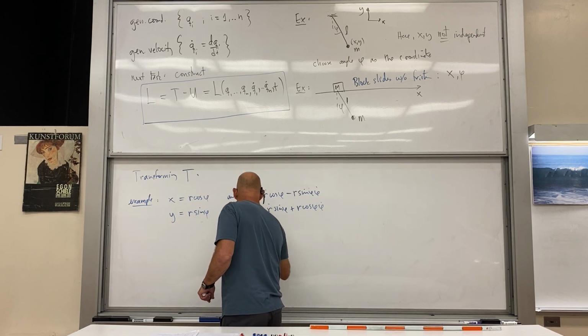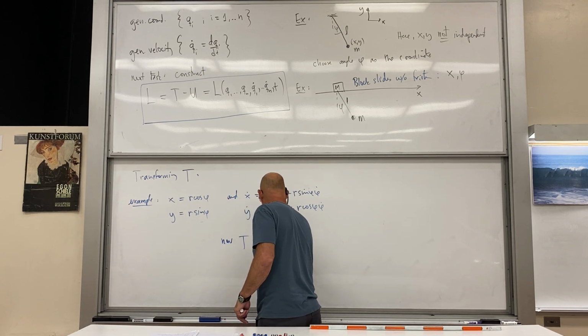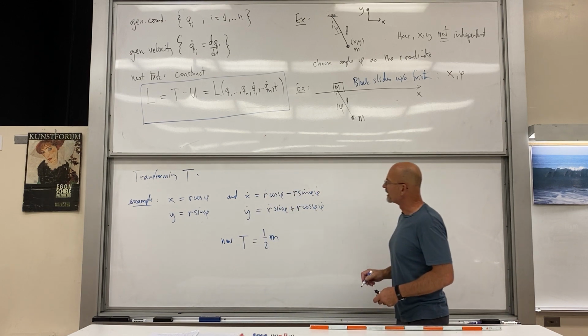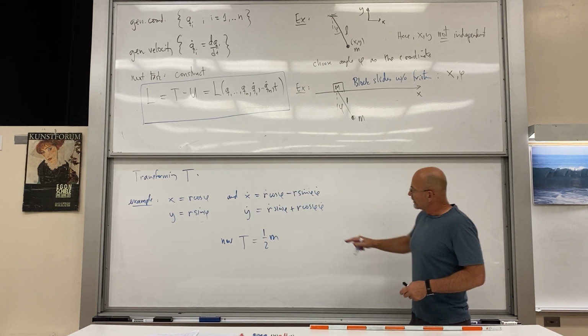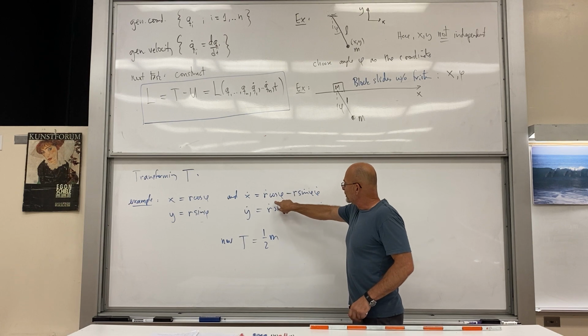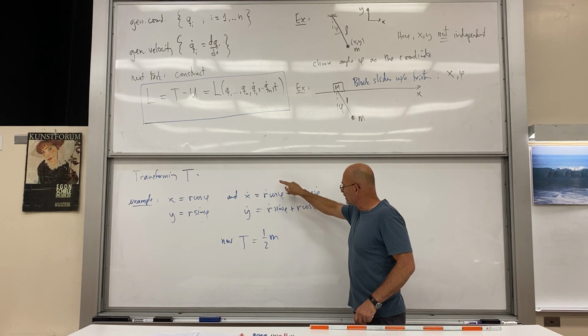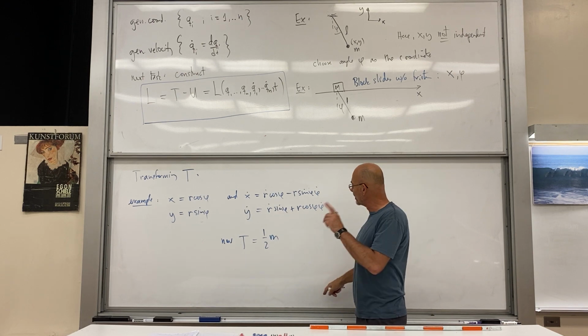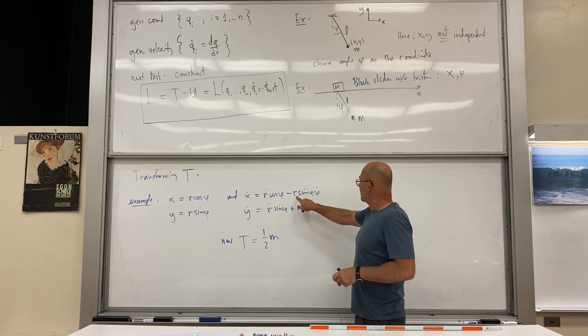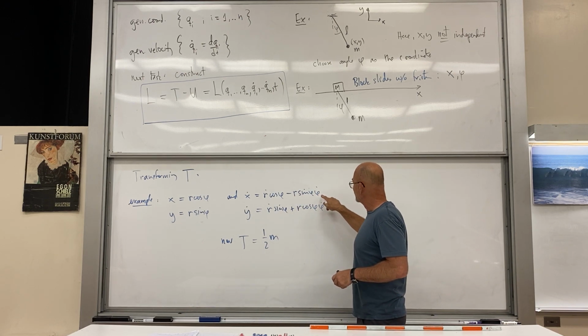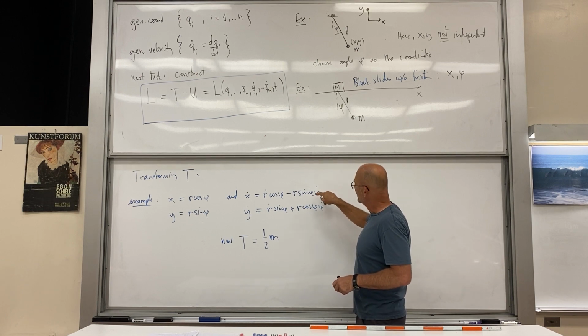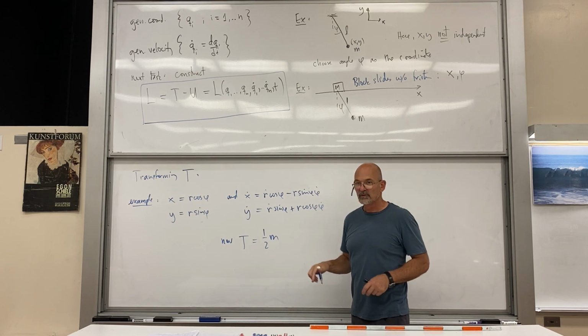Now T is equal to 1/2 m. We're talking about a single particle, right? And you'll remember in x dot squared plus y dot squared, the cross terms went away. And we had r dot squared times cosine squared plus sine squared, which is 1. And we had r squared phi dot squared times sine squared plus cosine squared, which was also 1.